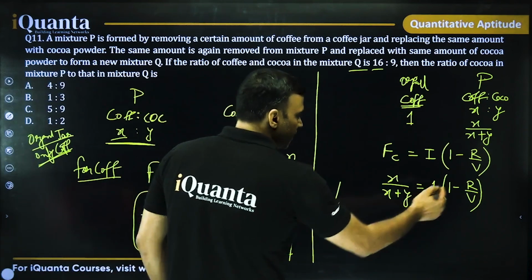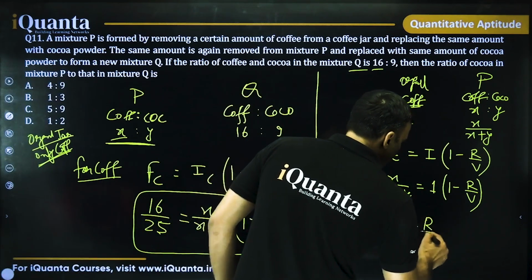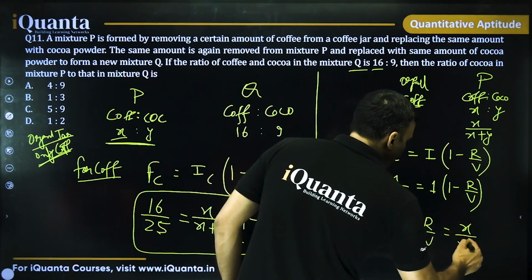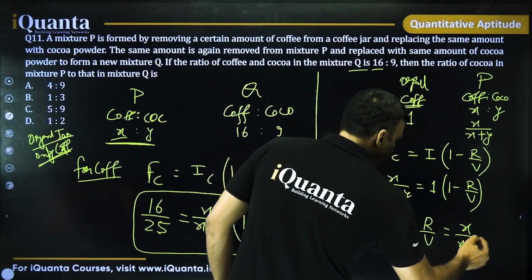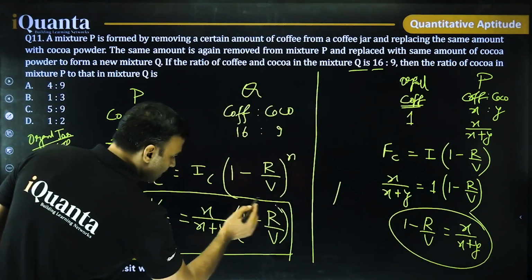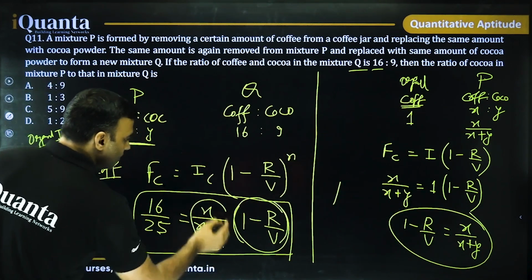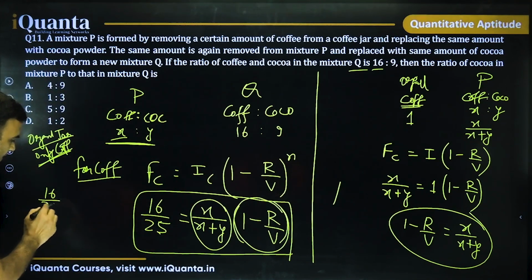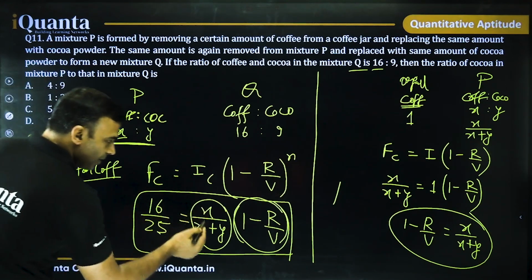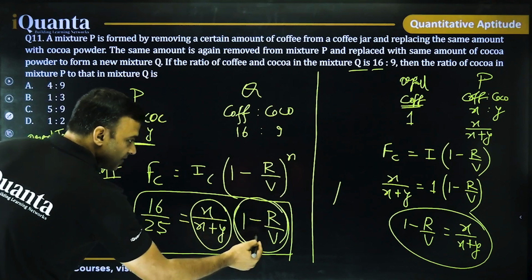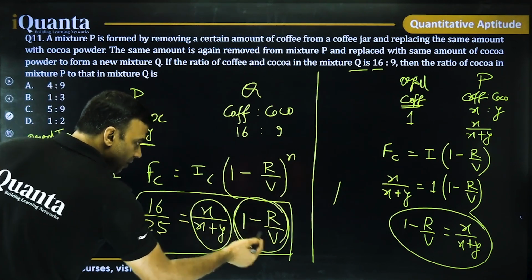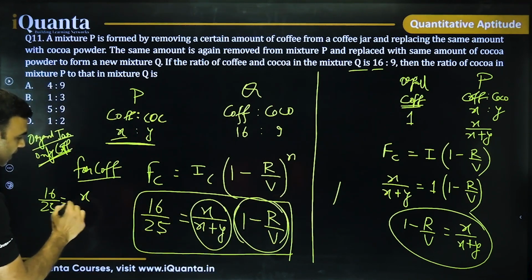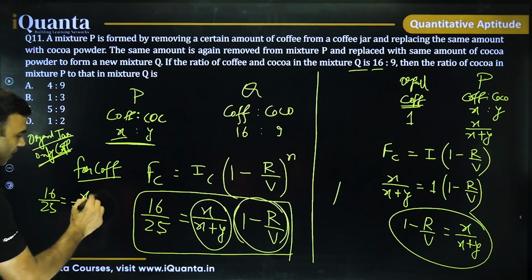So replace 1 minus R by V by simply X upon X plus Y. Okay, so here in place of 1 minus R by V, put X upon X plus Y. So what happens? 16/25 will become equal to X upon X plus Y into again X upon X plus Y, right? 1 minus R by V is equal to X upon X plus Y. So it becomes X upon X plus Y whole square.